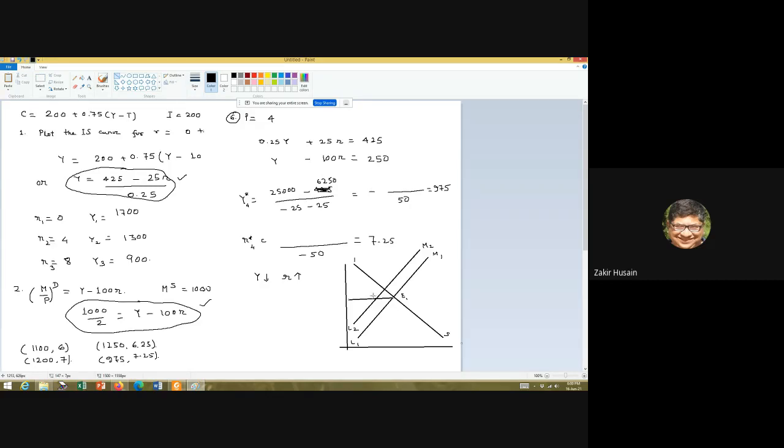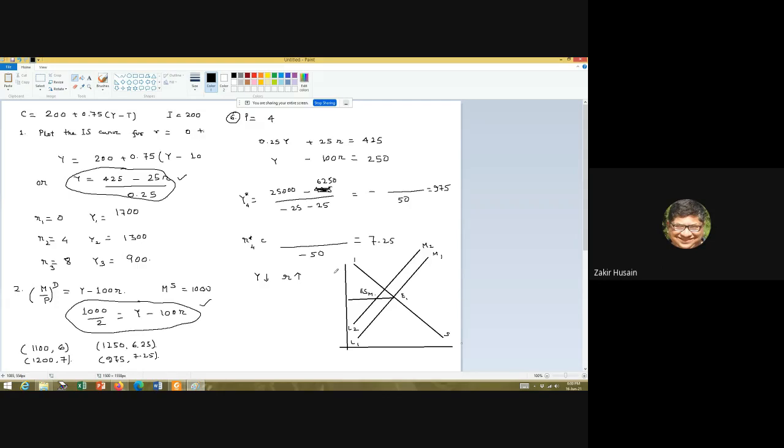Is it excess supply or excess demand in the money market? Excess supply. Excess demand.